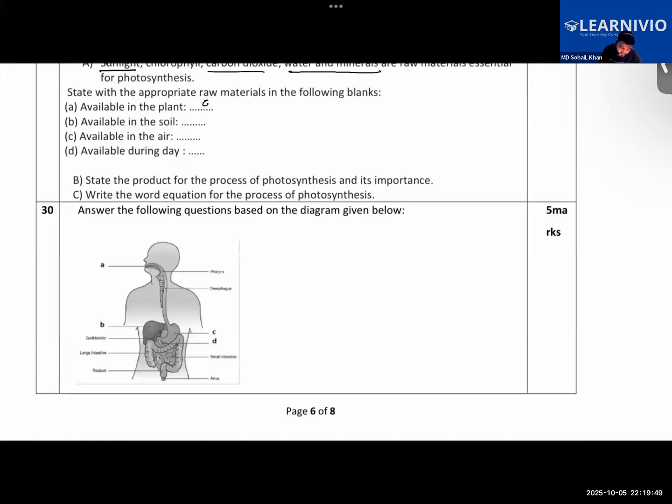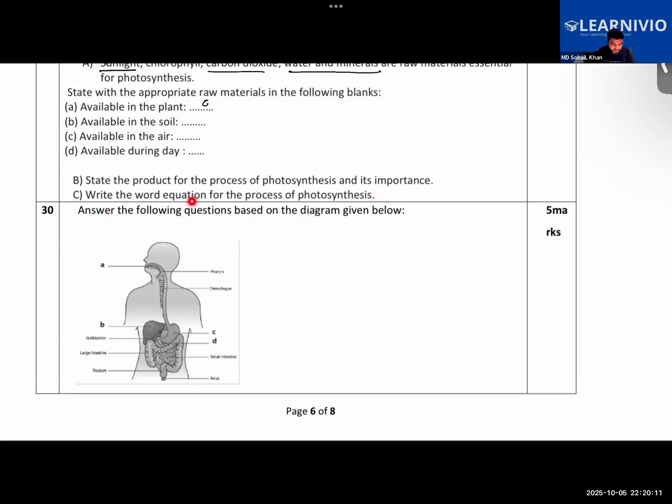State the product of the process of photosynthesis and its importance. You're not getting the question. The question is saying state the product of the process of photosynthesis and its importance.